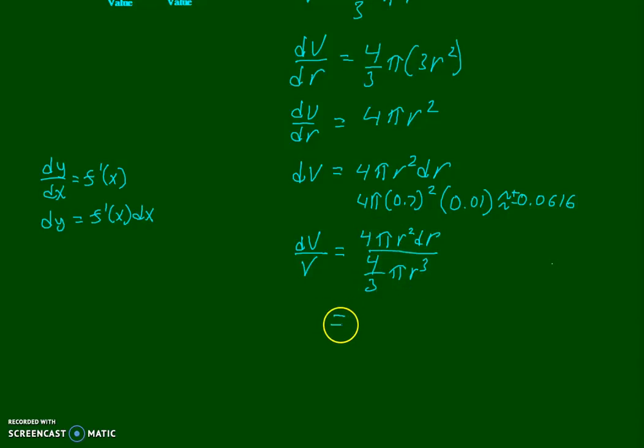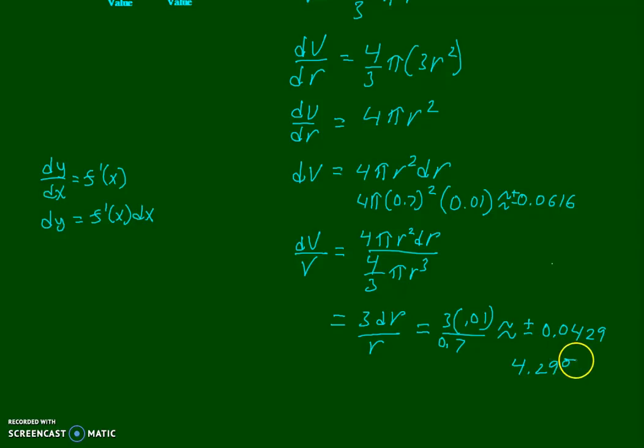So this is going to be 3 dr over r, which is 3 times 0.01 over 0.7, which gives us approximately plus or minus 0.0429, which is a 4.29% change.